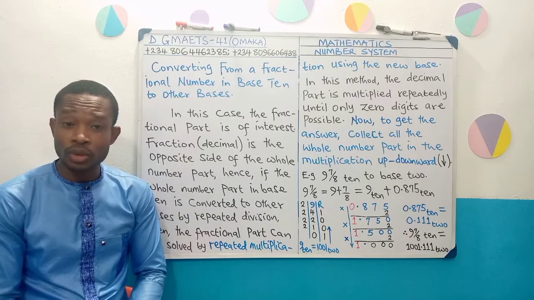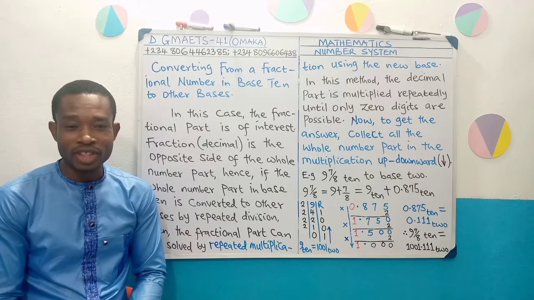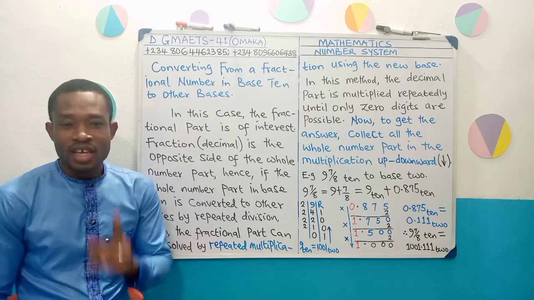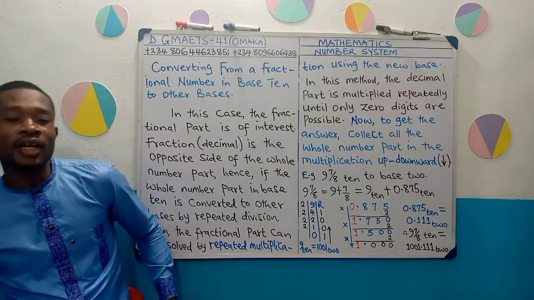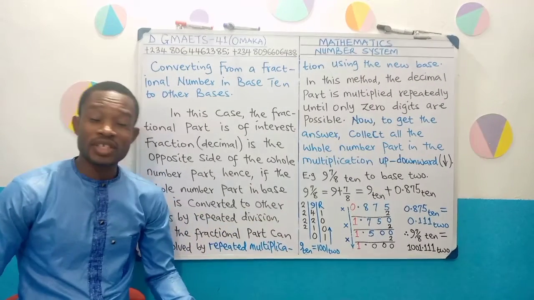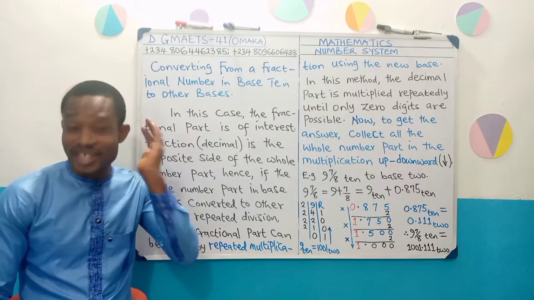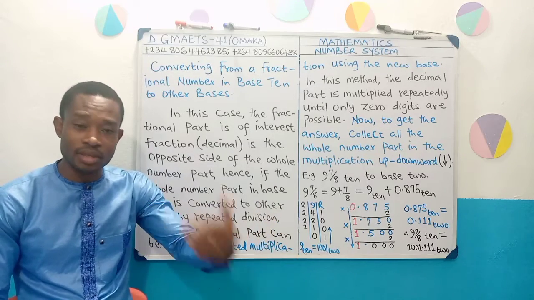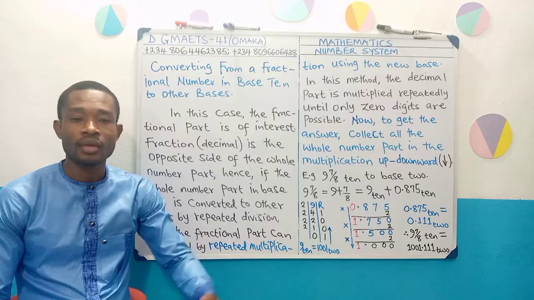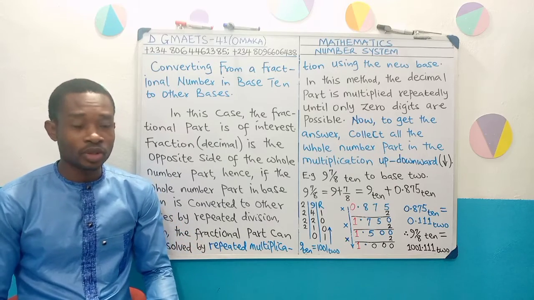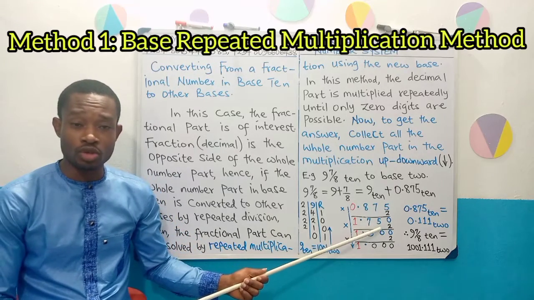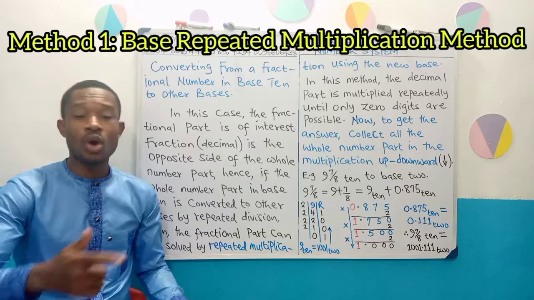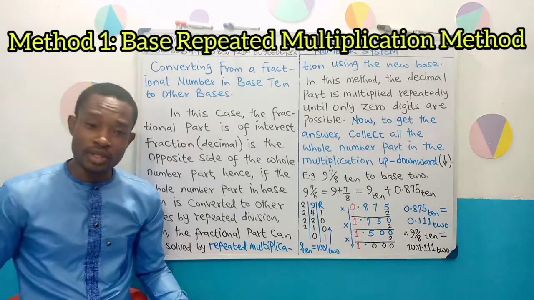In general, though, you have to take note of this. If the number given to you in base 10 is a decimal number, it is preferable to use this method I'm going to explain to you to get your answer in a new base from base 10.